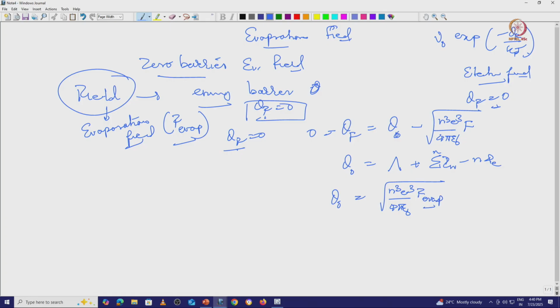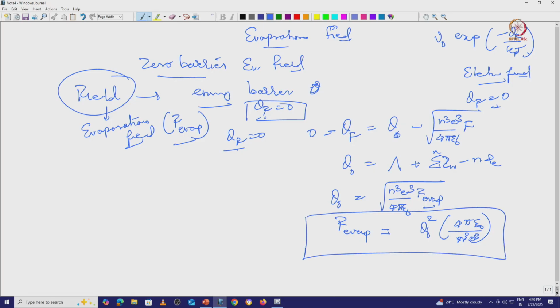Okay, with this you can get FEVAP is equal to Q0 square 4 pi E naught divided by n cube E cube. So this is the expression for the evaporation field where the energy barrier is 0. So this is the field required to make the energy barrier 0.